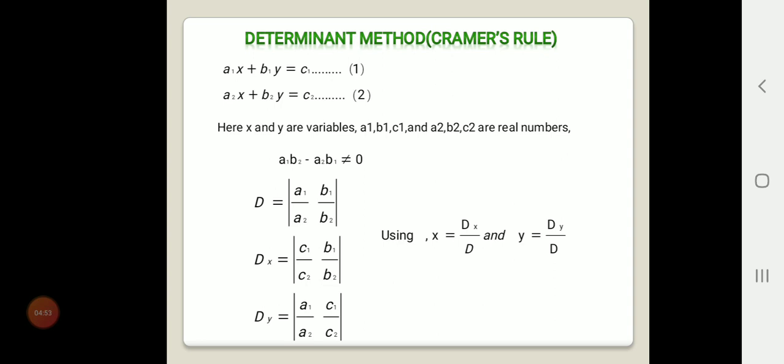In Dx, the column of coefficients of x, a1, a2, is replaced by c1, c2. And in Dy, the column of coefficients of y, b1, b2, is replaced by c1, c2. Then x is equal to Dx upon D and y is equal to Dy upon D.